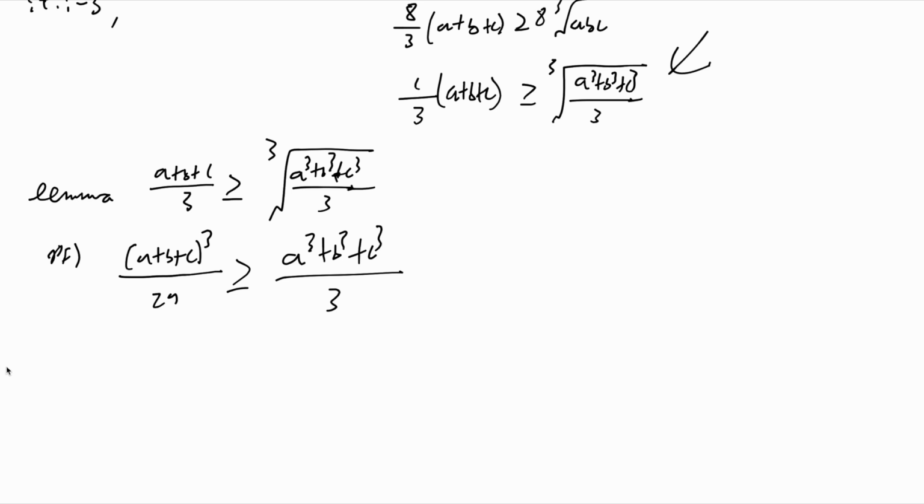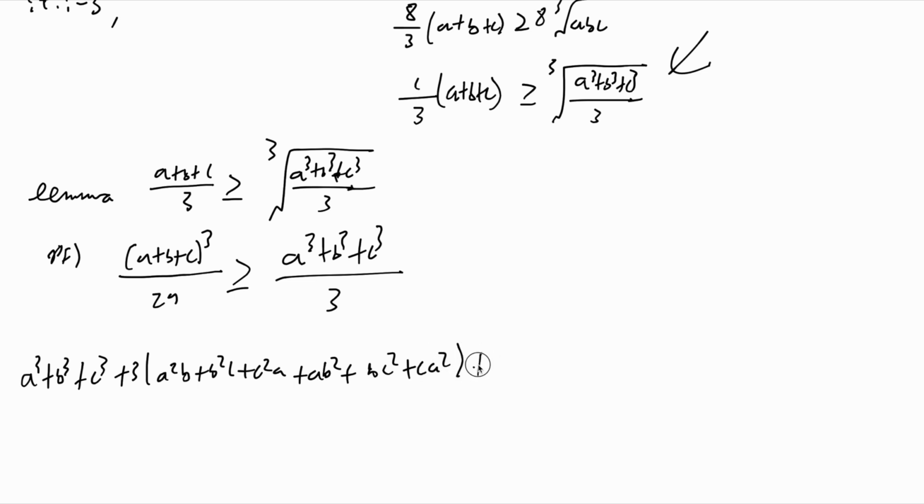Now let's expand this side. 3 times a squared b plus b squared c plus c squared a plus ab squared plus bc squared plus ca squared plus 6abc is greater than or equal to 9 times a cubed plus b cubed plus c cubed, so 9a cubed plus 9b cubed plus 9c cubed.